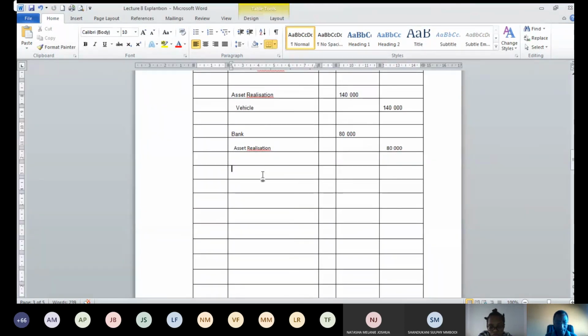To record that profit now, guys, whenever you are dealing with a profit, the two accounts involved will be profit on sale of asset and asset realization. Remember, asset realization is always the other account. So it's an entry between profit on sale of asset and asset realization.